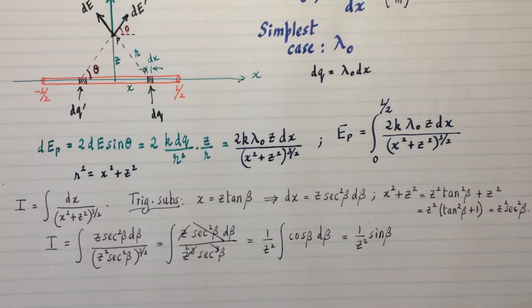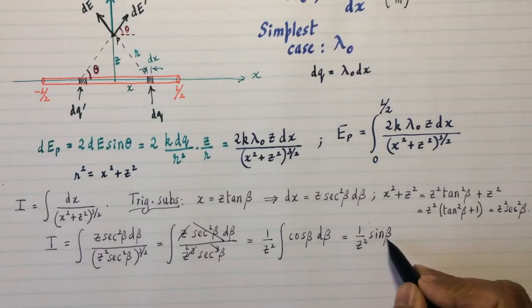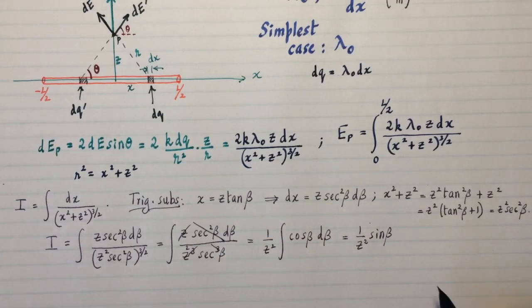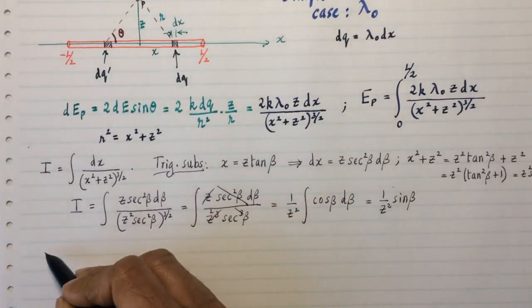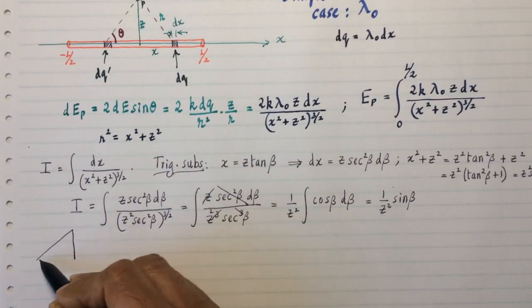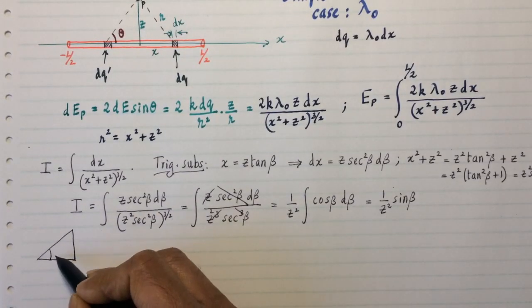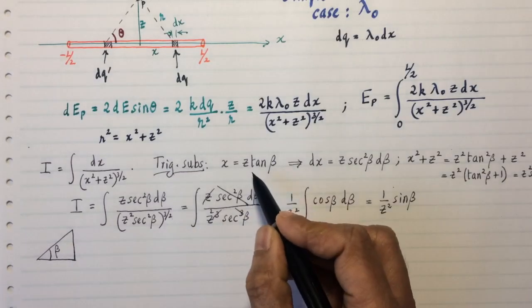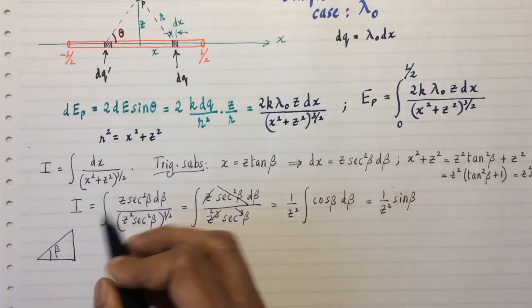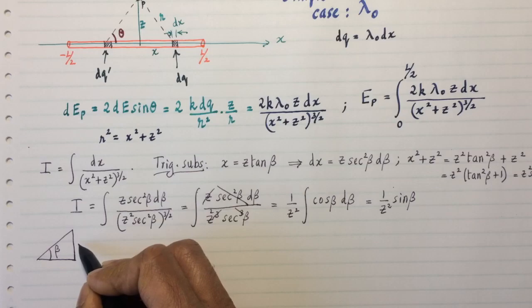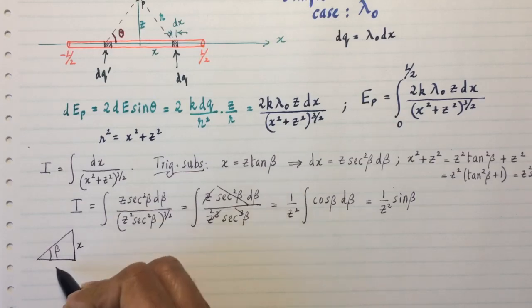Now, if you wish, you can rewrite sine in terms of the original variables. So let me do that here for a moment. If tan beta is x over z, tan is opposite over adjacent, so it's going to be x over z.